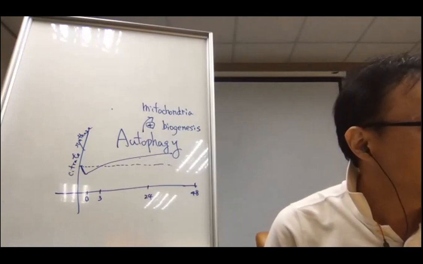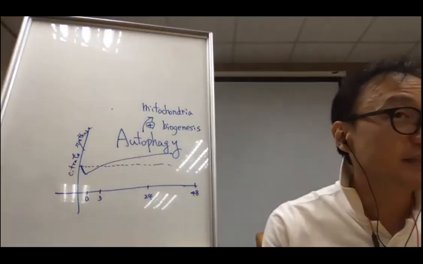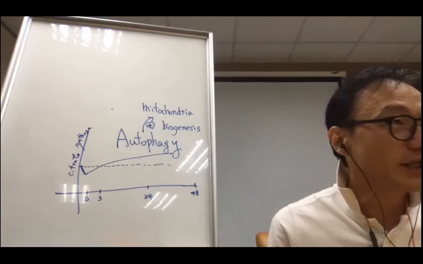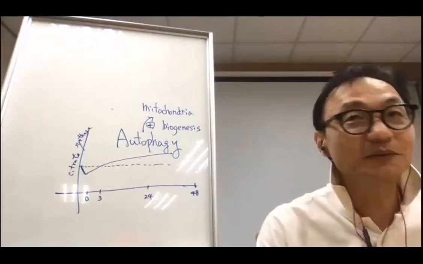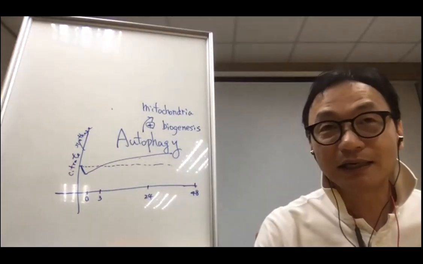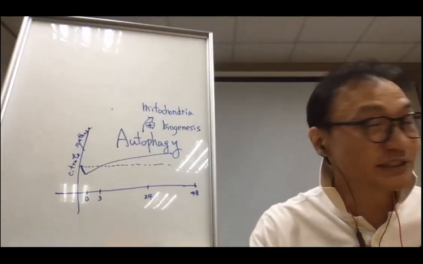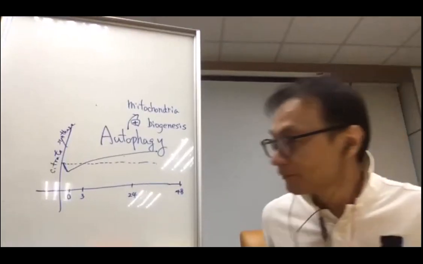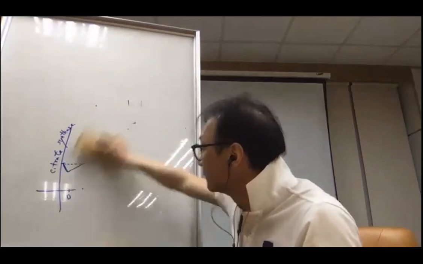Remember that when a new cell is generated, the mitochondrial number is going to be low, because a small new cell has low mitochondrial number compared to mature muscle. So you are going to see different adaptation comparing aerobic exercise and high intensity resistance exercise. That is the background that I would like everybody to know.